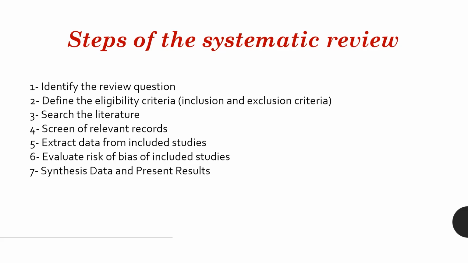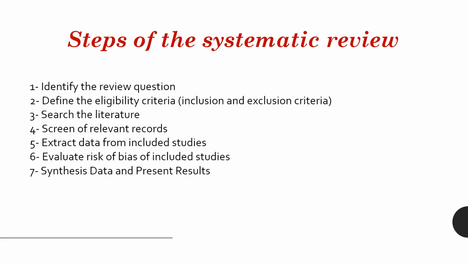Number five, extract data from included studies. Using a spreadsheet or systematic review software, we extract all relevant data from each included study. Number six, evaluate the risk of bias of included studies.